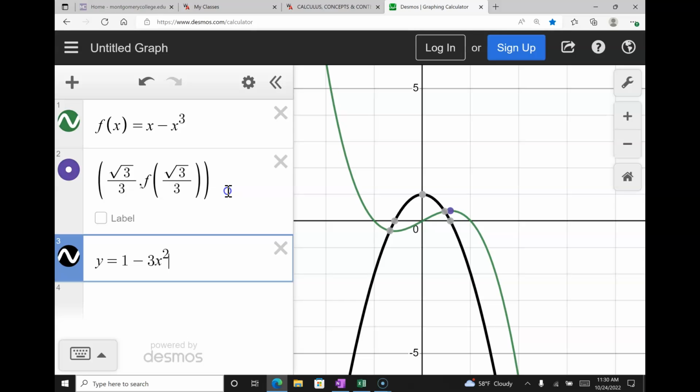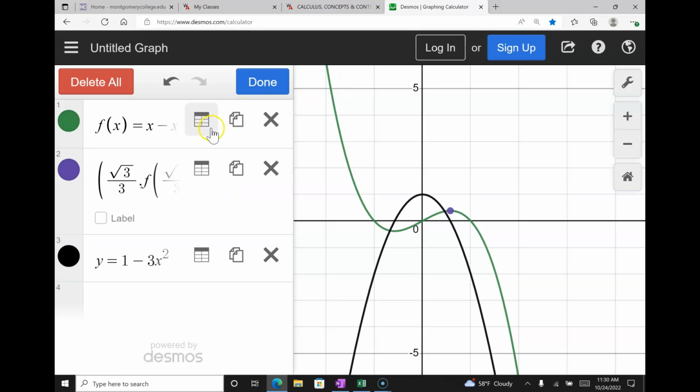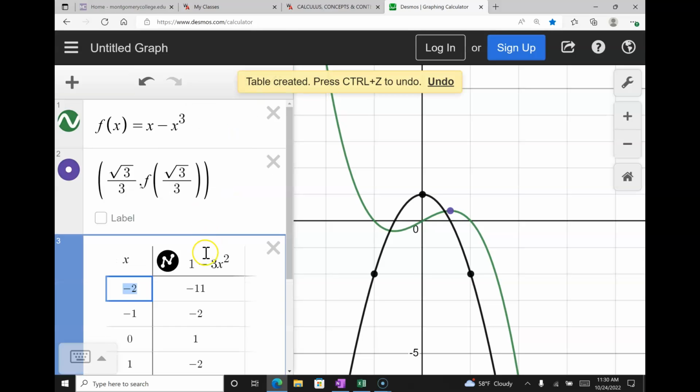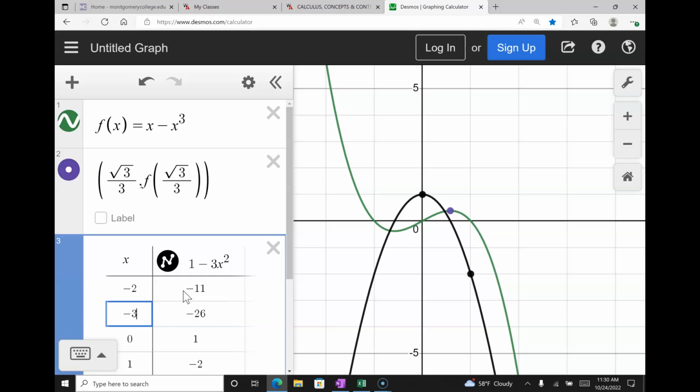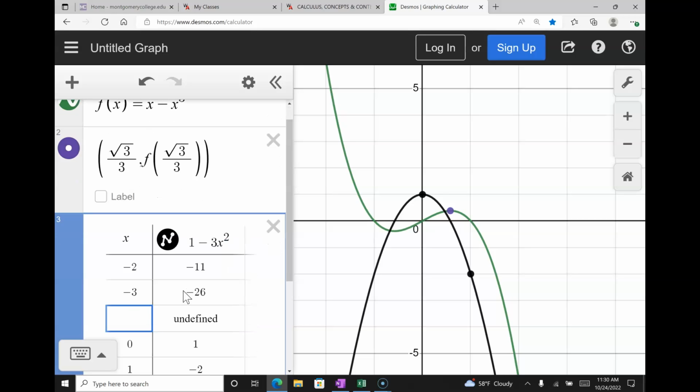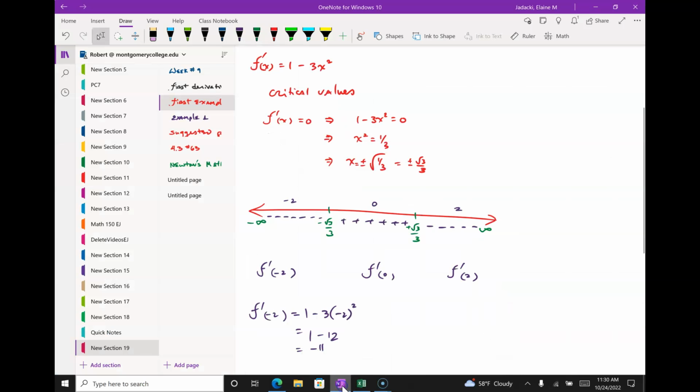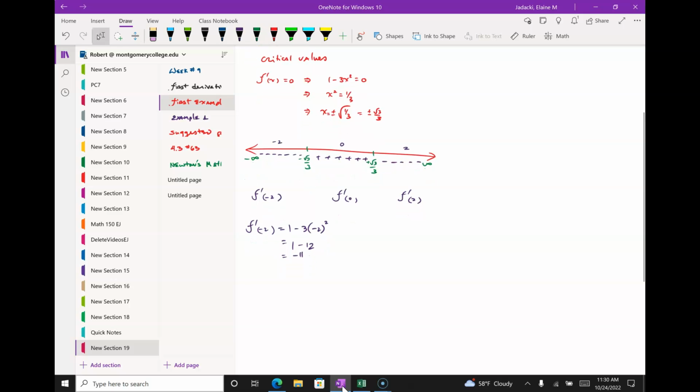And I go to my table there, and I pick anything left of that low point on the green function, -2, you see it's got my -11. If I pick -3, -26. No matter what I pick from that point on, it's going to be negative, right? All right, conclusion.